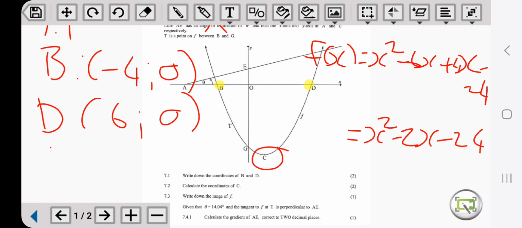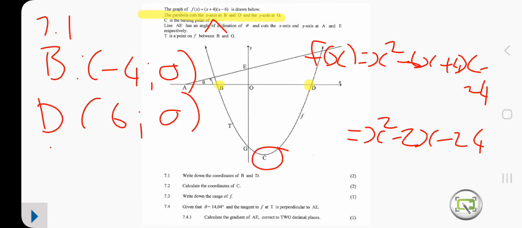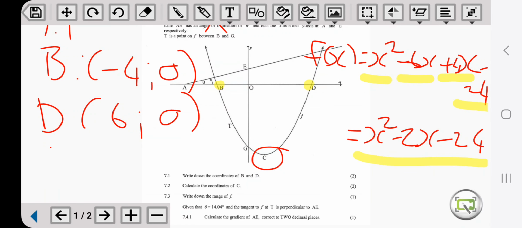Let's just quickly go and check again. We have x times x is x squared, x times -6 is -6x, and 4 times x is +4x. 4 times -6, multiplying the brackets out, is -24. There you go. So now we have our a, b, and our c values.